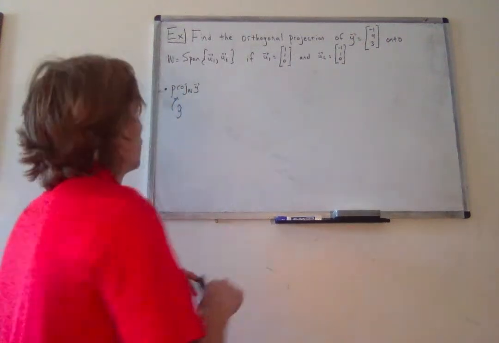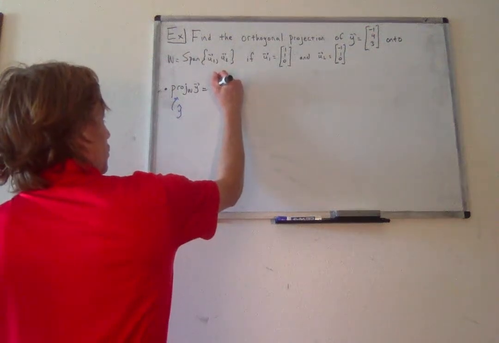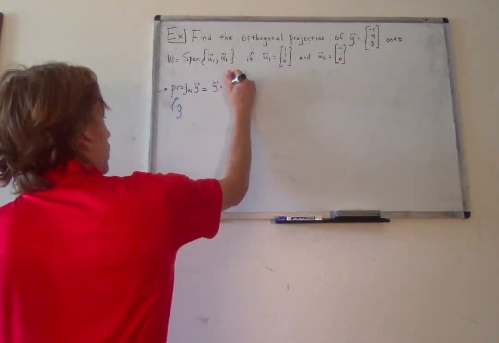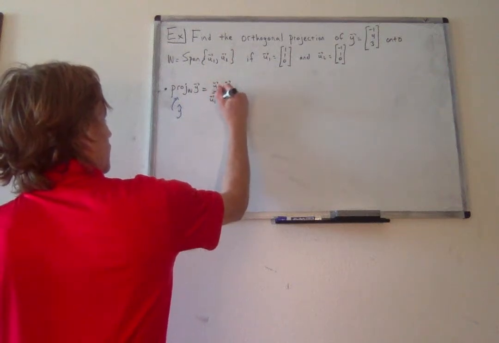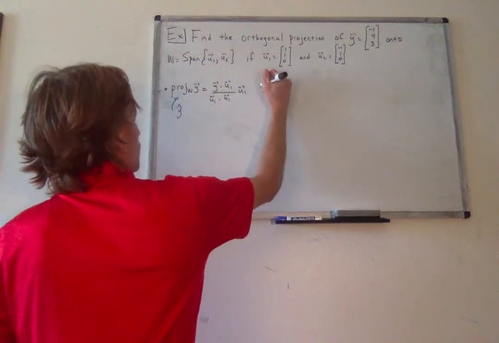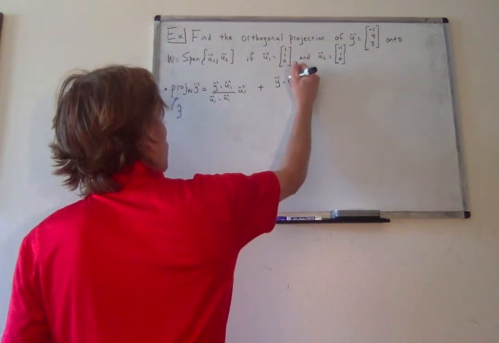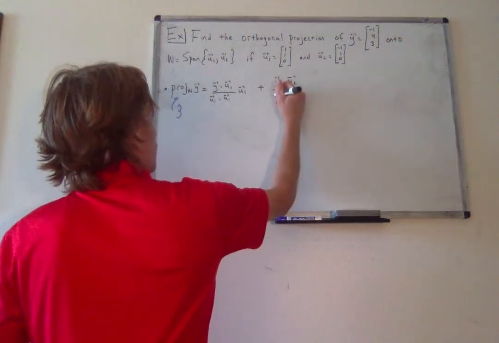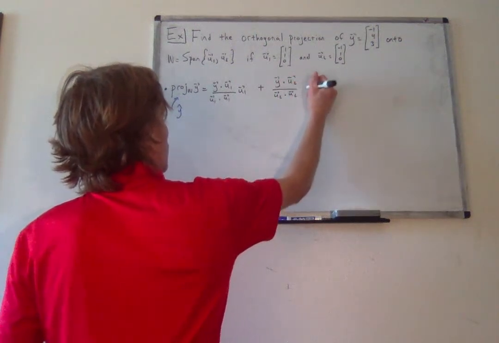So by the theorem, this is equal to y dot u1 over u1 dot u1 times u1, plus y dot u2 over u2 dot u2 times u2.